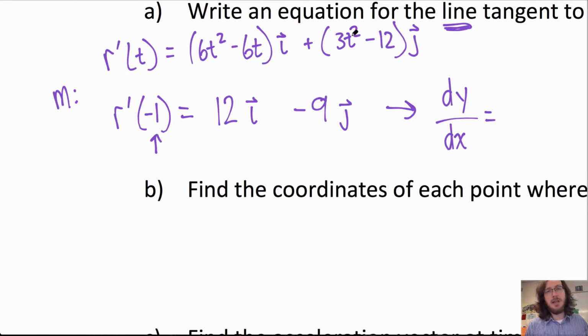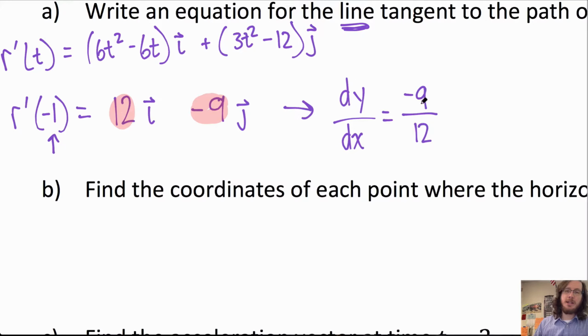And we're just going to take that b value and that a value. Okay, b value being the rise, the dy, a value being the run, the dx. And since these both are divisible by 3, let's simplify.